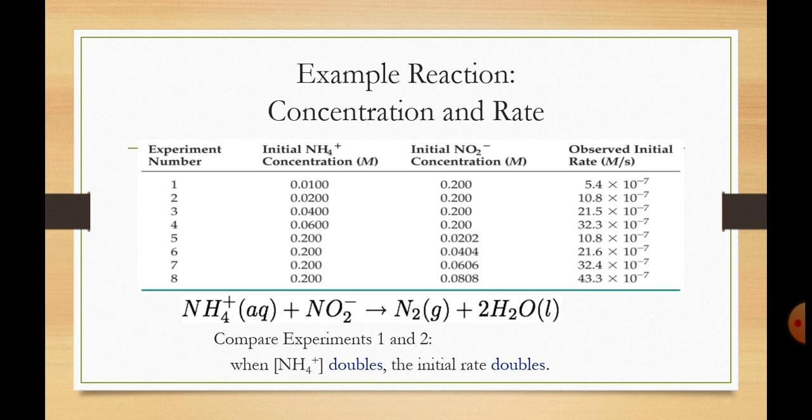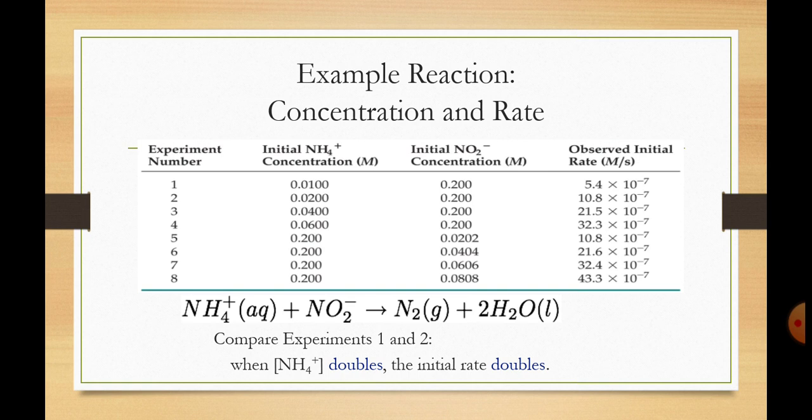We will observe the rate for each change of concentration. For the first experiment, the concentration of NH4 is 0.0100, while the concentration of NO2 is 0.200. Its rate is 5.4 times 10 to the minus 7.